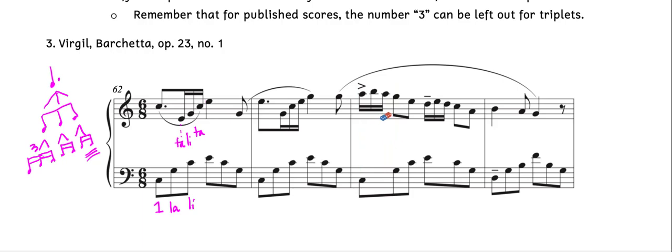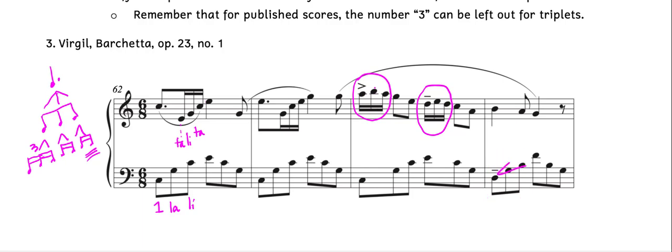So it doesn't say the number 3 because this is a published score, but musicians should know that this is actually a triplet. Whoops, why did I write 3 there? So there usually would be a 3 here, but the 3 is not always written. So this is a triplet, and this is a triplet, and that's it. Are these triplets? No, those are just merely divisions of the dotted quarter.